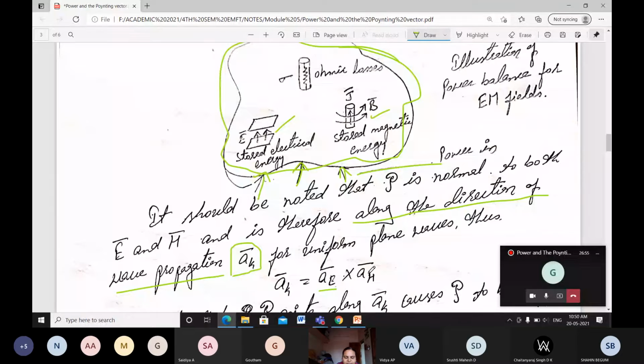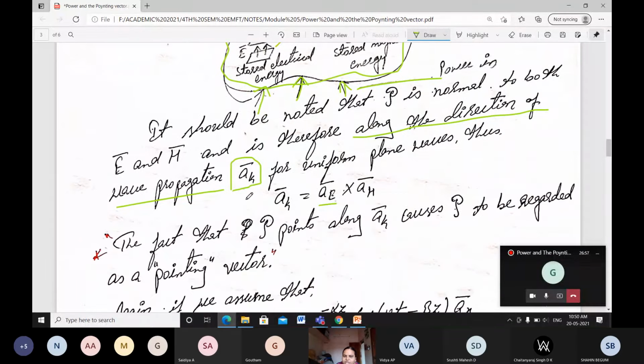The fact that the Poynting vector points along a_k causes it to be regarded as the Poynting vector.